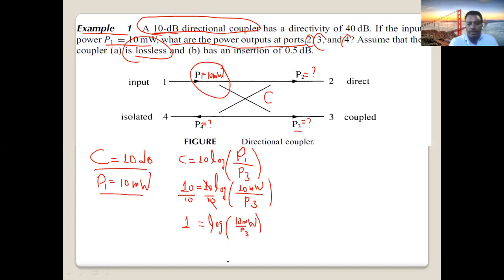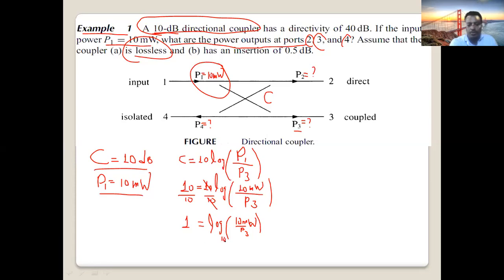Because I need to cancel this 10, divide both sides by 10. 10 by 10 will be 1. This is logarithm base 10.